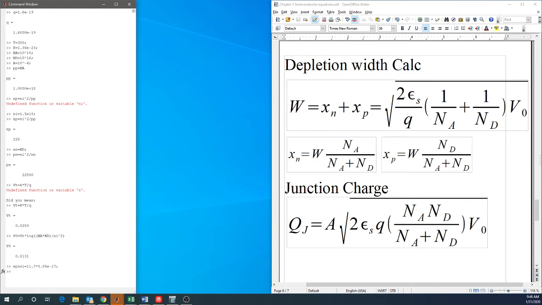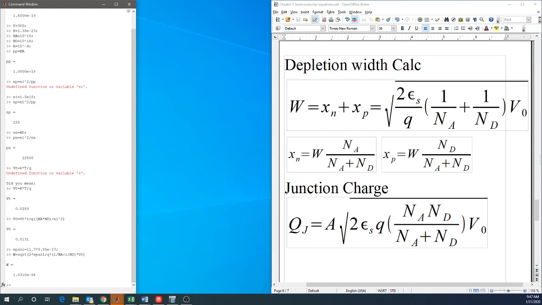And so now we go back and we run that equation. This is why MATLAB is so nice, by the way. W is equal to the square root of 2 times epsilon over Q times 1 over NA plus 1 over ND, do trust order of operations, times V0.